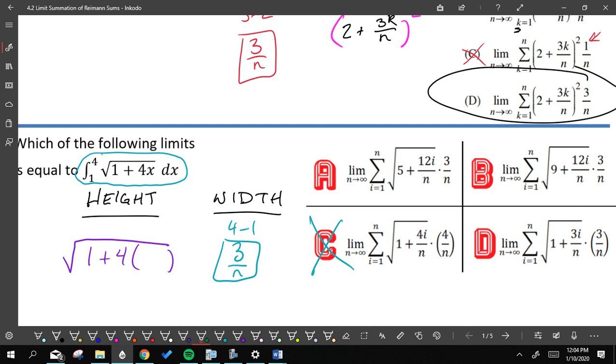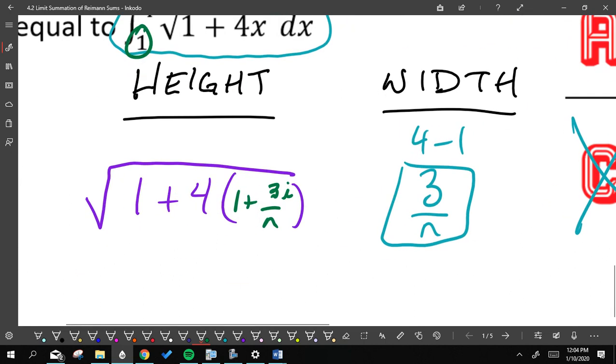So I got that right there. Then what do I need to do? That choice isn't over there. What could I do from there? Distribute. And then combine. We get 5 plus 12i over n, all square rooted.